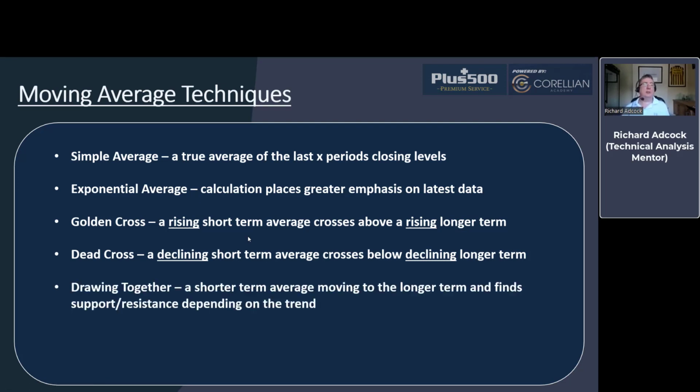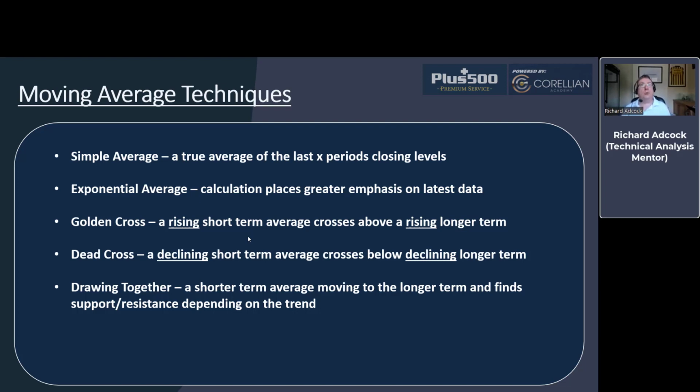You can also see a drawing together of moving averages. Now, this is where the shorter term average will move back towards the longer term average. And as it appears in an uptrend, it finds support from the longer term average. And we see a turn higher and a reacceleration of that ongoing positive trend.